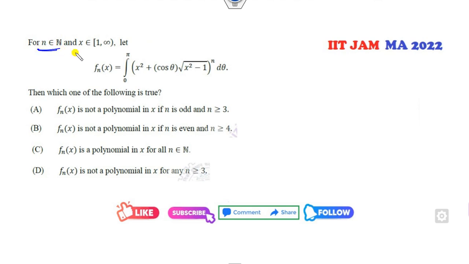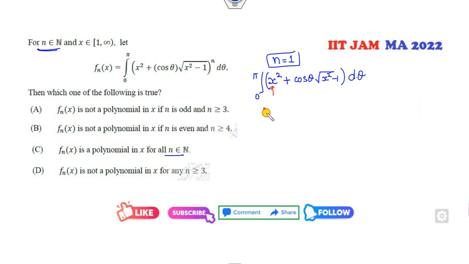Okay, for n a natural number, for which case is it correct? n is greater than, for all n. Firstly, I can choose n as 1. What will happen? This integration is x squared plus cos theta of (x squared minus 1). Remember the integration is with respect to theta.